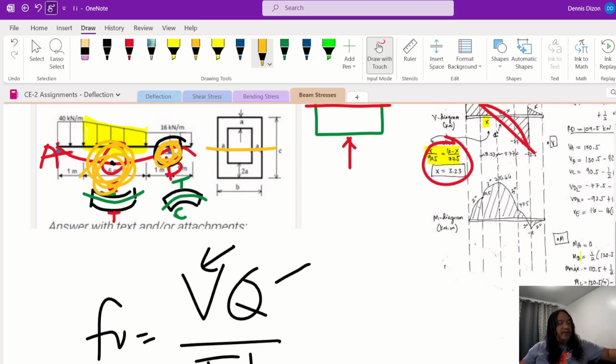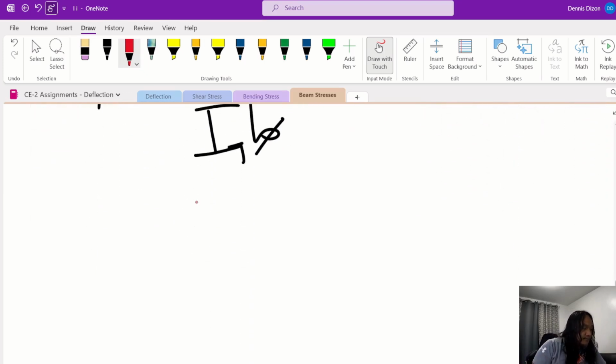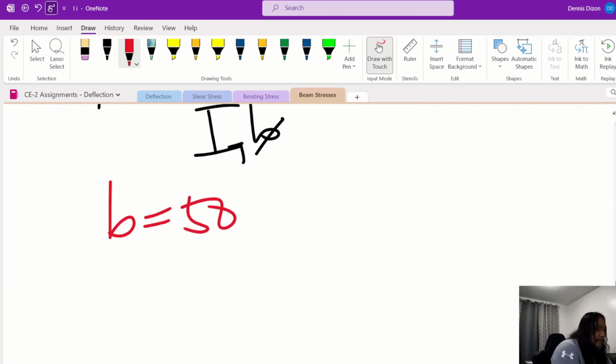Our neutral axis is 65.7 from the bottom. So B would be 25 plus 25, so our B is 50.